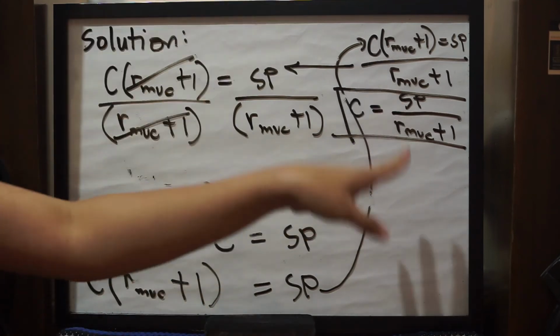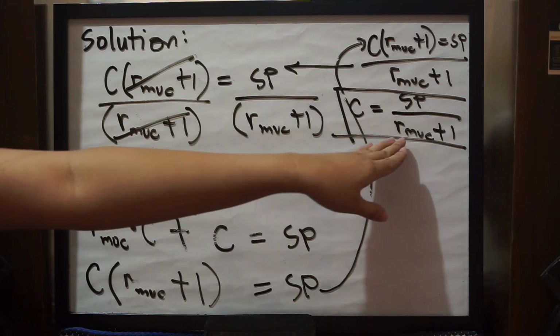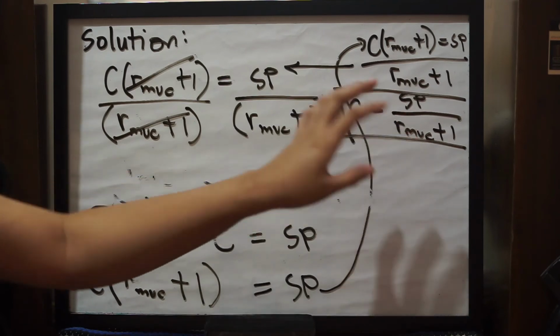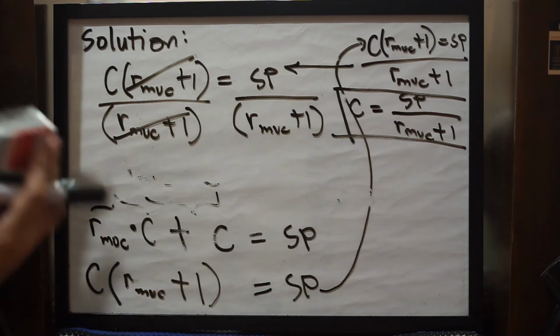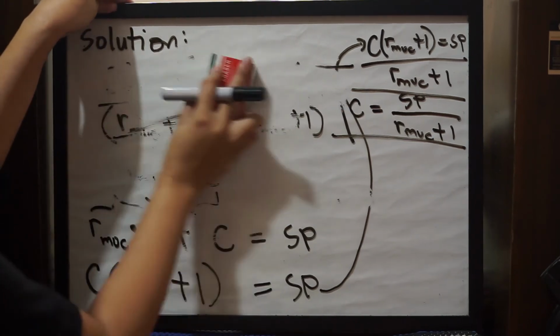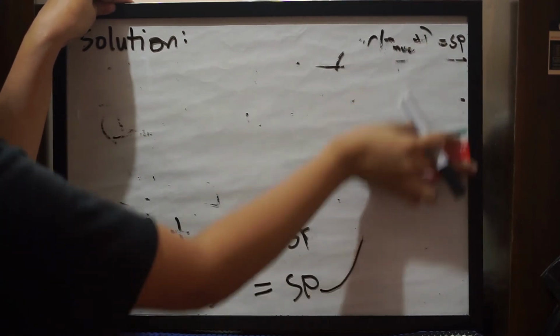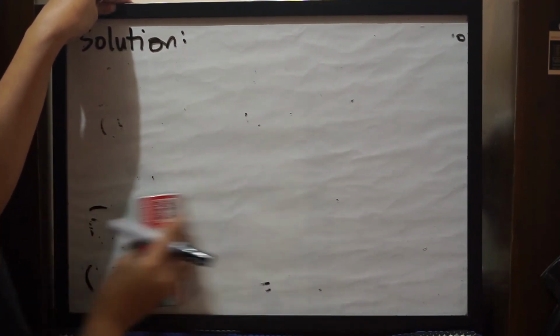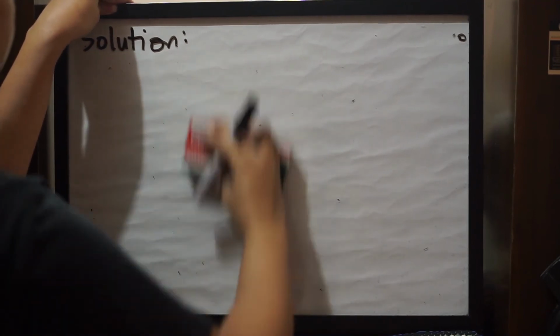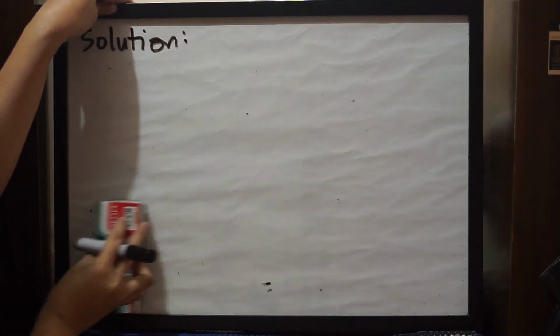Ngayon, i-take note nyo na lang yung derived formula na to para hindi na kayo magde-derive ulit. Sige, erasin ko na. Tapos, we solve for the value of the cost by substituting the given values.